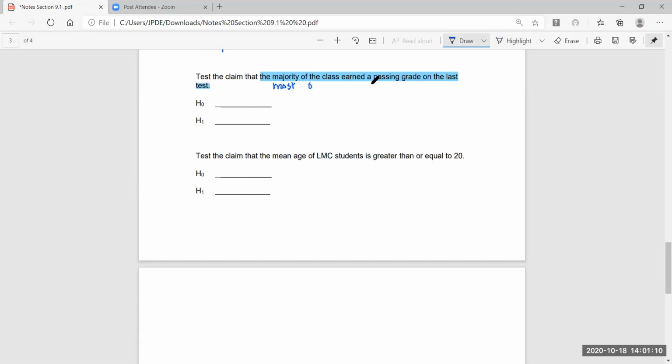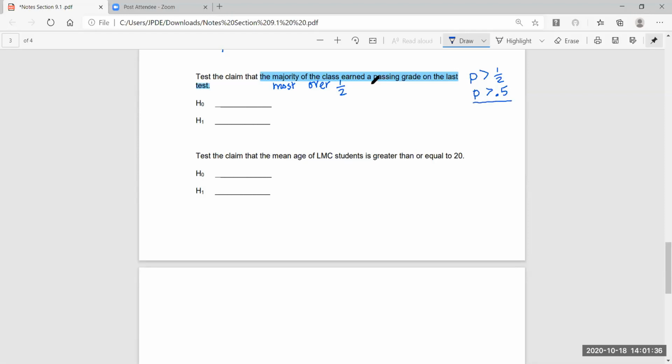Majority is over half. That would be the majority of our class. So the proportion is over half would be majority. That's over 0.5. You could also think of it as over 50%, but you're going to have to convert it to a decimal anyway. So the claim is over 0.5, greater than.